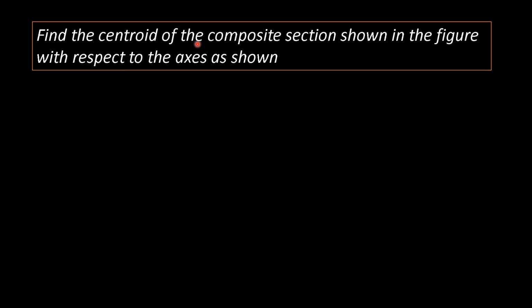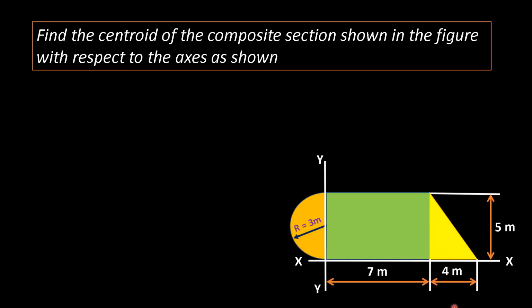Find the centroid of the composite section shown in the figure, with respect to the axis as shown. The x-axis is shown like this and y-axis is here. This is not a symmetrical section.